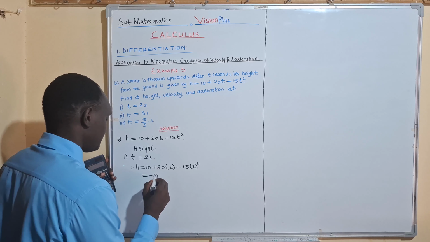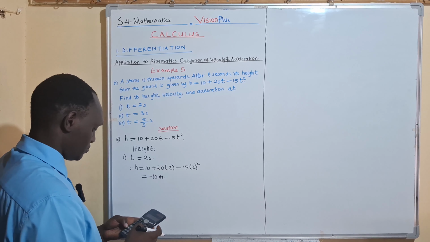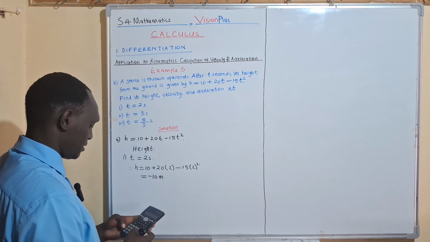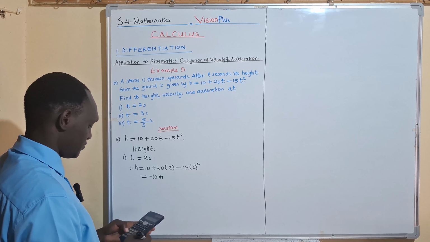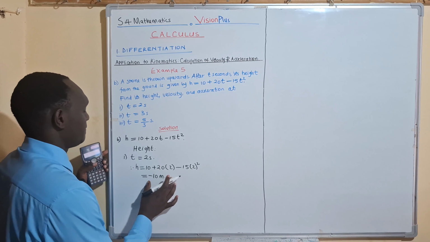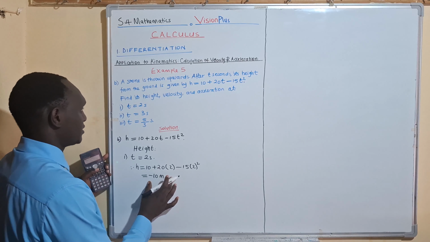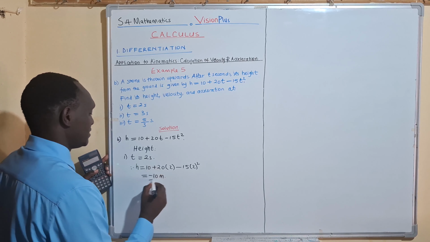I'm getting negative 10 meters. Confirm that. 2 squared times negative 15 plus 10 plus 20 times 2. I'm getting negative 10. So the height of this particle, which is a stone, at the time 2 seconds is negative 10 meters.